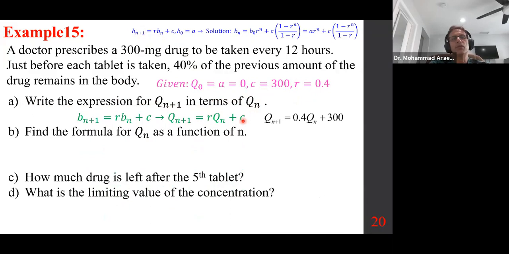We want to find the formula for Q sub n as a function of n. That means we want to go here and use this formula, and we're going to change B sub n again to Q sub n. So let's rewrite this formula with Q sub n, simply because B is being changed to Q. Now let's replace it. Go back to the given, and now replace Q sub 0 with 0, R with 0.4, C with 300.